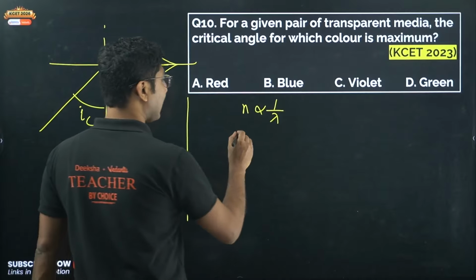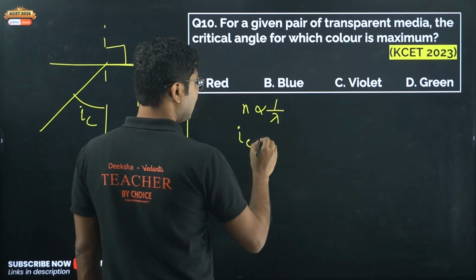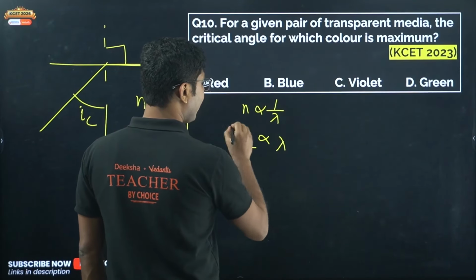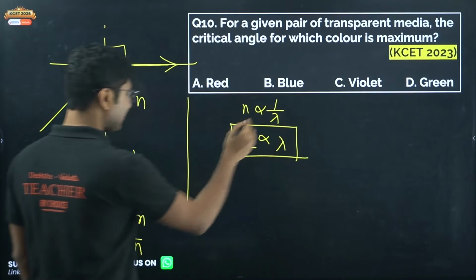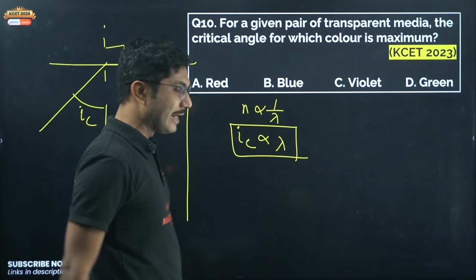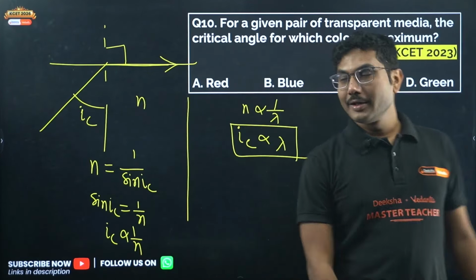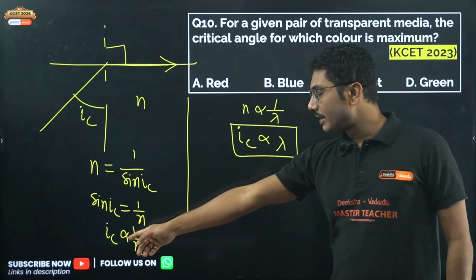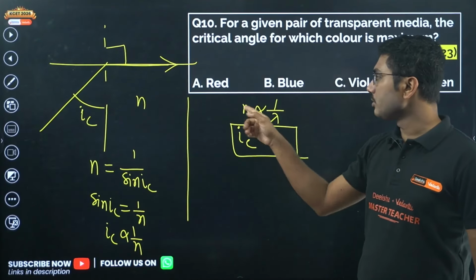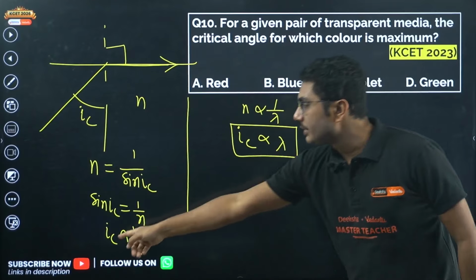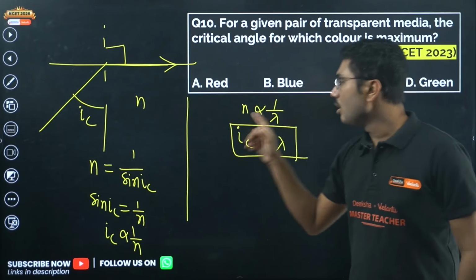So we can say that iC is directly proportional to wavelength. Inverse of inverse is direct. So enemy of your enemy is my friend, right? In that principle, this is inversely proportional, this is also inversely proportional, so these two must be directly proportional.